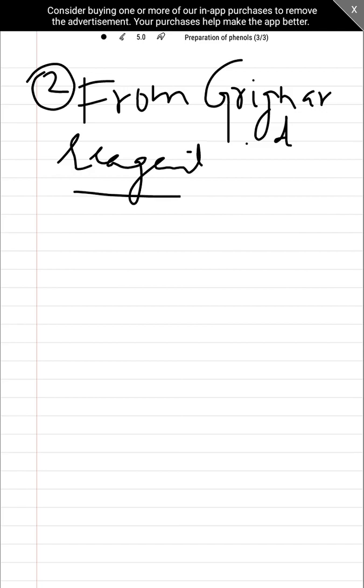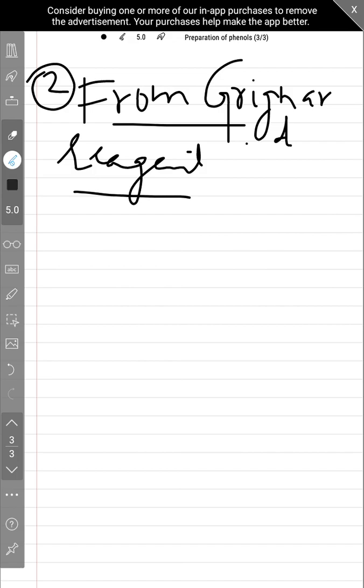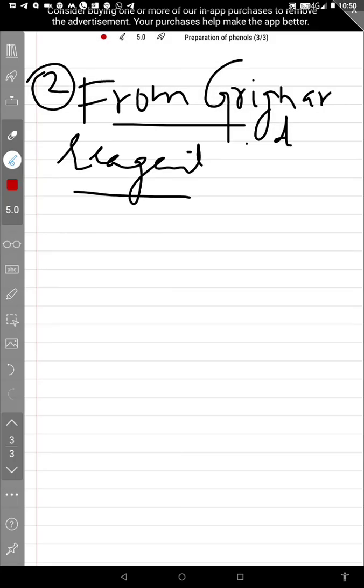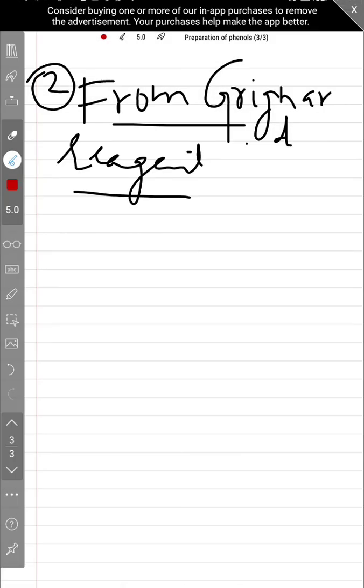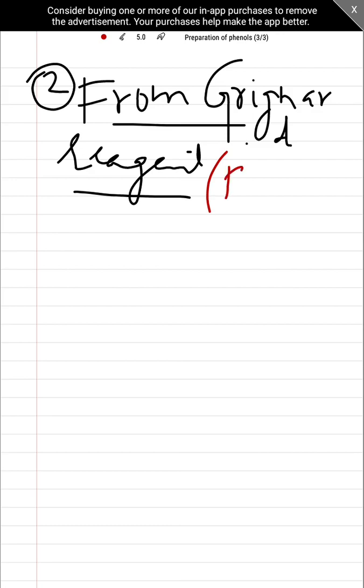Okay, this is the second method by which we can prepare phenol, from Grignard reagent. Children, have you remembered the Grignard reagent is written as RMgX? Here R may be an aryl group, and if alkyl, we can take it as RMgX also.